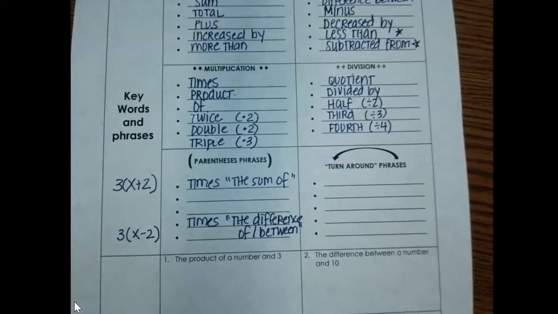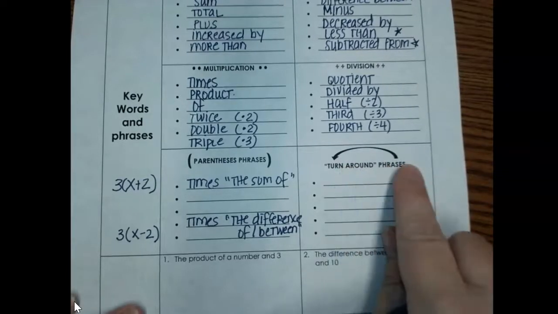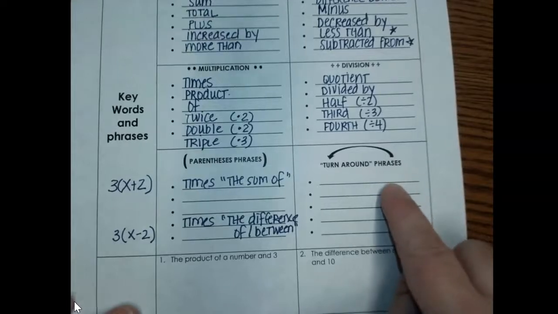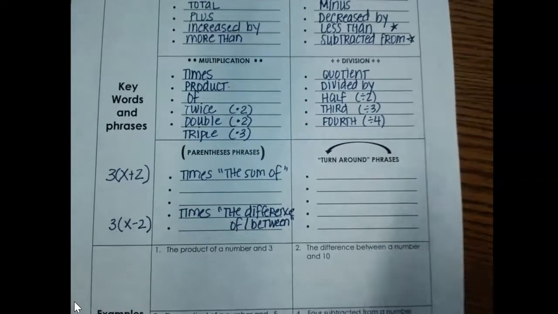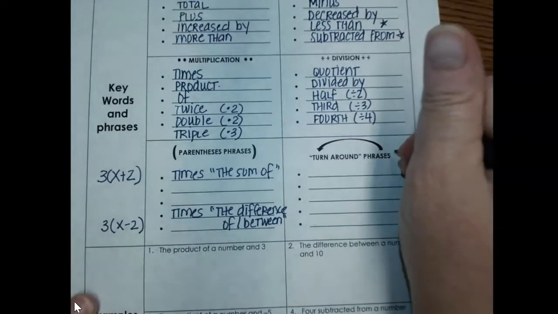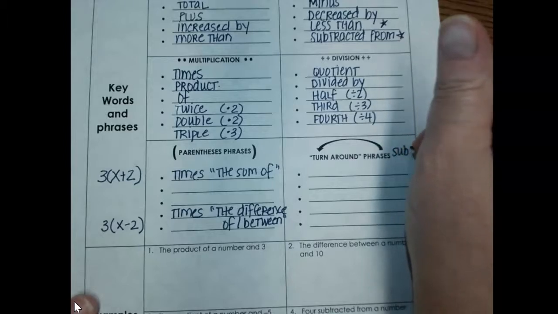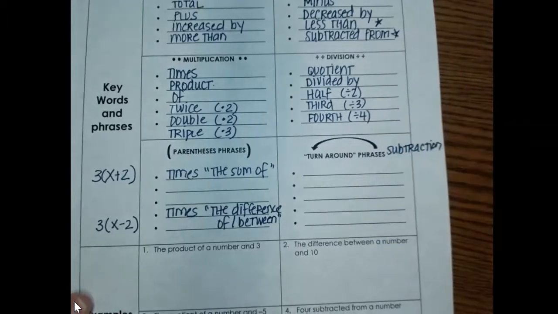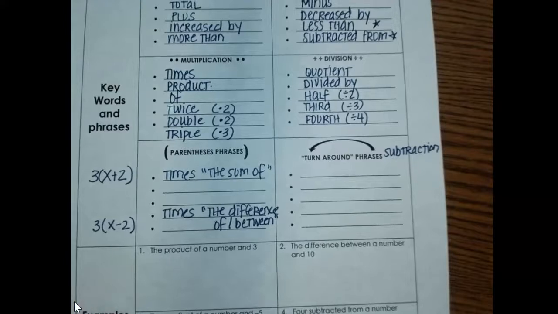Usually you're going to write your expressions, equations, or your sentences in the order in which you see them. However, there's sometimes where we need to change the order as it's written based off the words in the sentence or by the numbers in the equation. So turnaround phrases occur with subtraction, because the order in which you subtract matters, the order in which you add doesn't matter as much, so it's less of an issue.